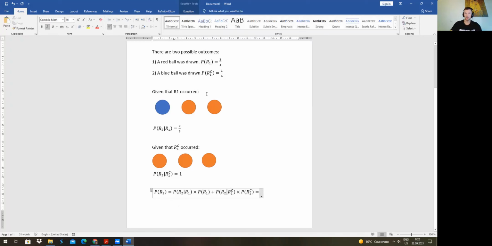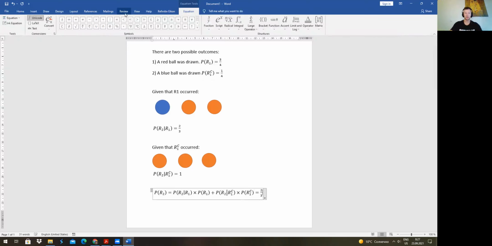So what's here? Wait, no. 2 over 3, this probability, multiplied by 3 over 4. So this is the probability that I will take a red ball on the first step and the red ball on the second step. Plus the probability that I will take a blue ball on the first step, 1 over 4, times the probability that I will have a red ball on the second step.